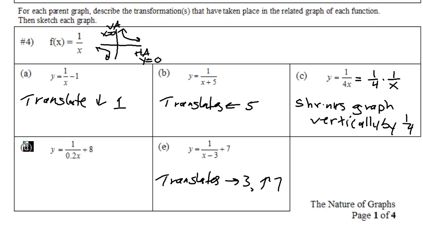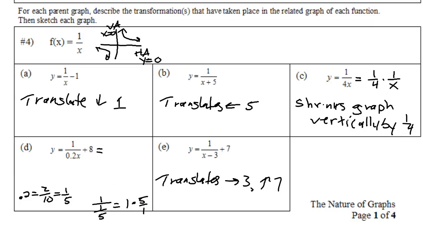D, similar in its confusingness. This looks like it's a 0.2, but it's not. It's a 1 divided by 0.2. The proper way to read 0.2 is 2/10, which is 1/5. So this is actually saying 1 divided by 1/5, which is actually 5. You multiply by the reciprocal of the denominator.